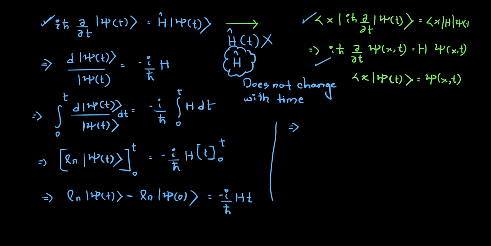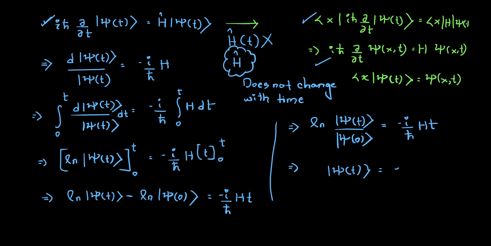We can write ln ψ(t) divided by ψ(0). So this is the wave function at time t and time 0, minus i/ħ Ht. And if I take exponential both sides, move the ψ(0) to the other side, then I can see that ψ(t) becomes e to the power minus i/ħ H t, times ψ(0).